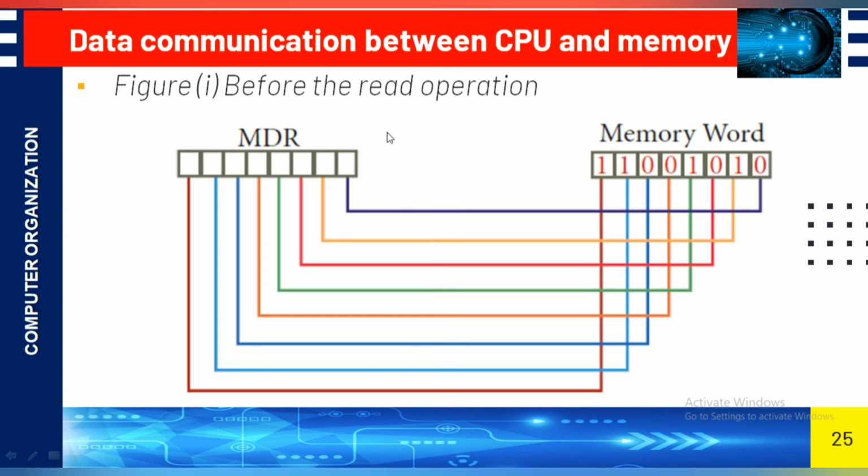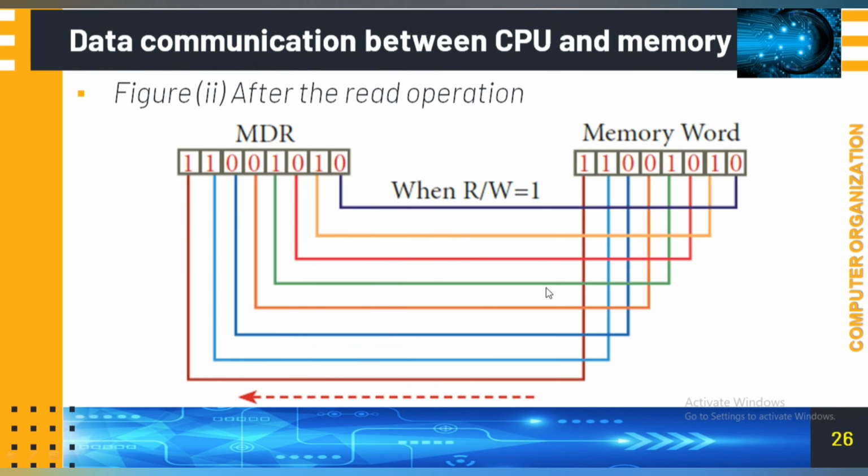Now you can see before the read operation the content is stored in the memory. Memory, 1 byte content is stored, that is 8 parallel wires are connected. See this, how many bits are there? 1 1 0 0 1 0 1 0, totally 8 bits, and 8 parallel wires are connected to the MDR. So after performing the read operation, now you can see the control signal value is 1. 1 means it performs the read operation.